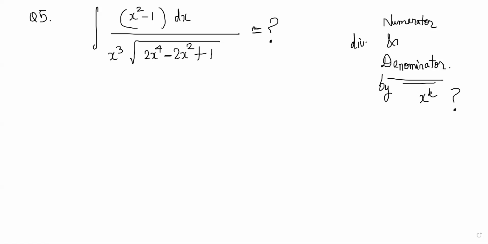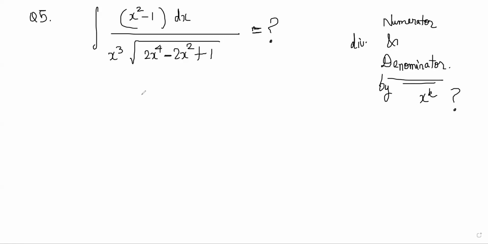Sir, from the denominator, if you pull out x to the power 4 and you take it to the numerator, you get x to the power minus 3 minus x to the power minus 5. Then inside the root, you get 2 minus 2 into x to the power minus 2 plus x to the power minus 4. Is that correct?